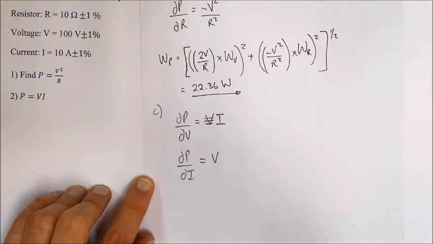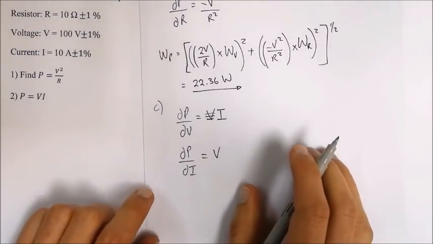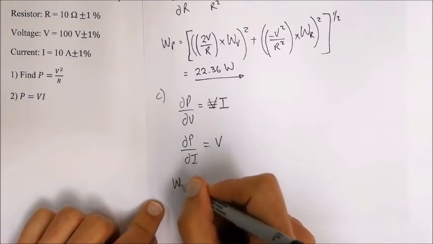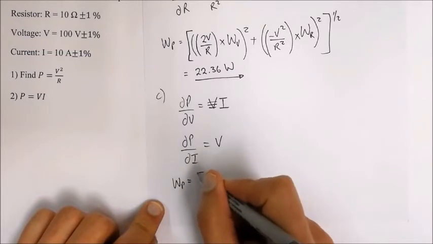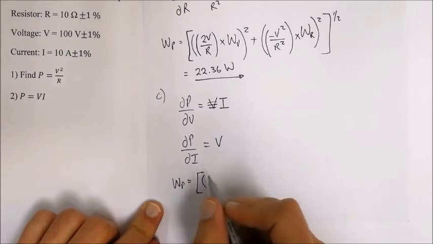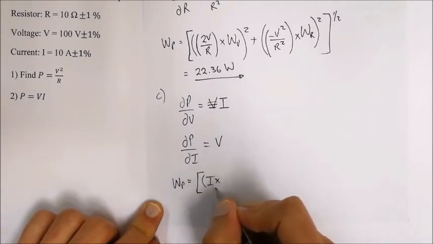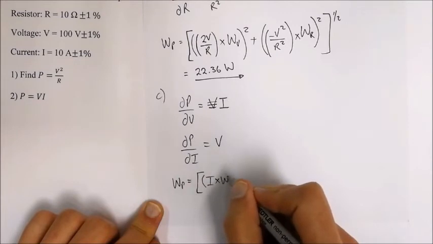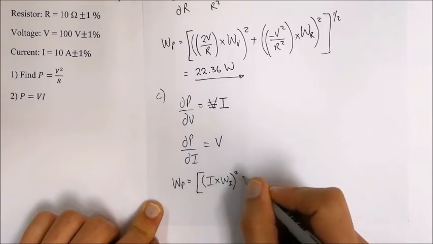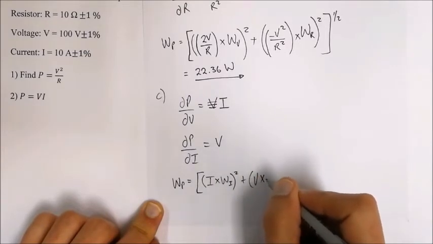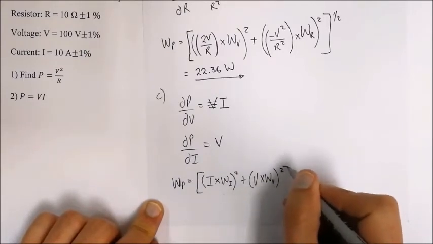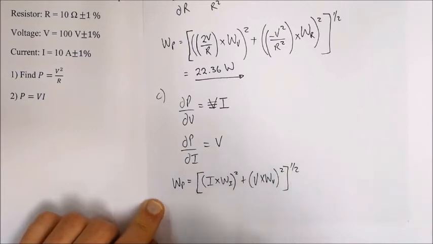Okay. So now when we apply the weighting factor, or we determine the uncertainty, we got WP as equal to, okay, so it will be I multiplied by the weighting factor of I, and we've got to square that, plus V multiplied by the weighting factor of V. We square that and we take the square root of all of that.